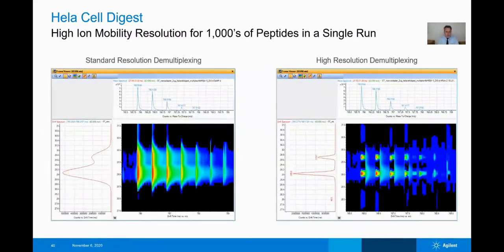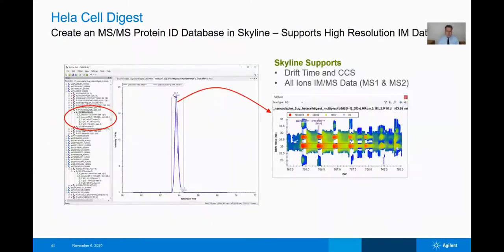Here's just a quick example, just jumping into that data set. You can see the standard capabilities on the left, and now the high resolution demultiplexing results on the right-hand side. Now, what's nice with this workflow is it can also be married together with a standard data-dependent acquisition workflow.